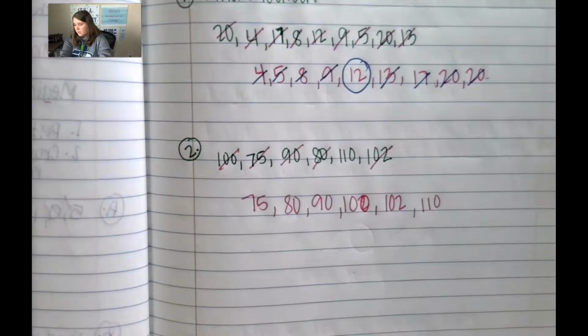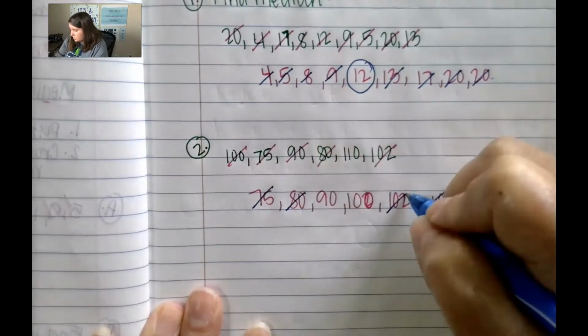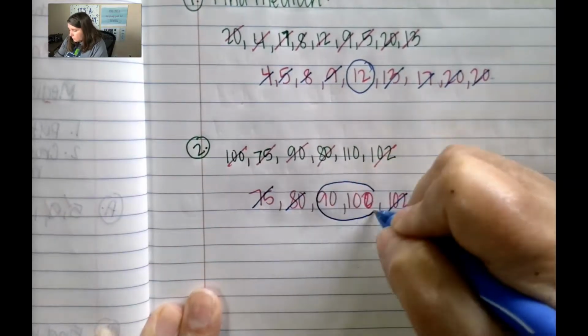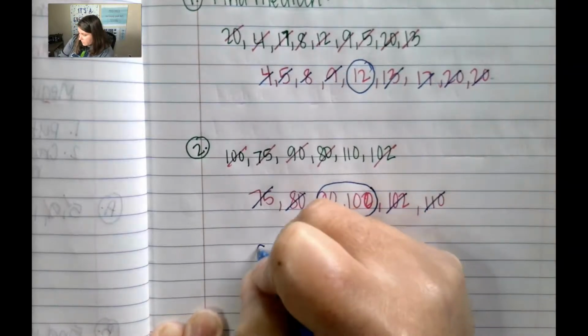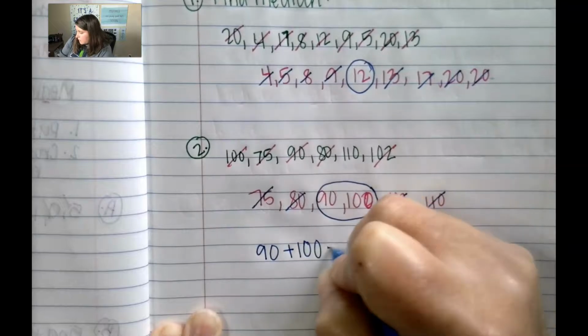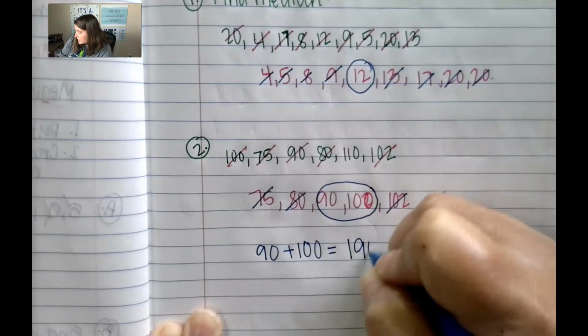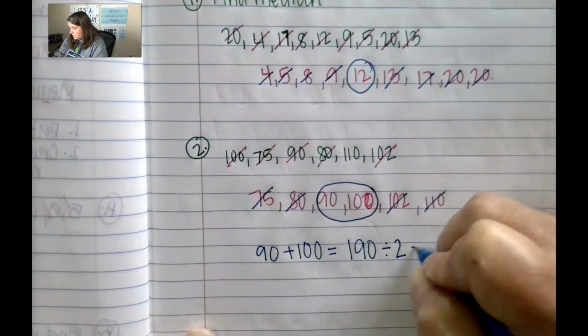All right, again, we're going to cross off from end to end till we're even, right? So 1, 1, 2, 2, and look, we're right in the middle. So we're going to add these two up, 90 plus 100, and that equals 190. We need to divide that by 2.